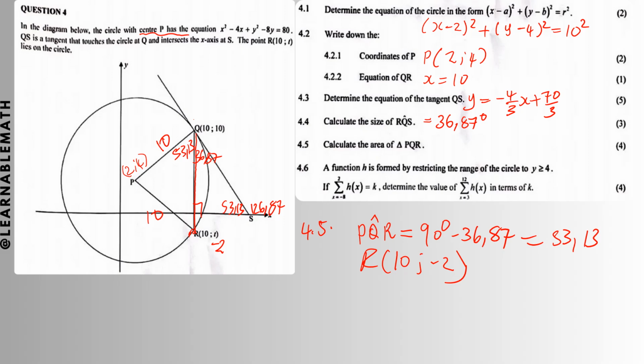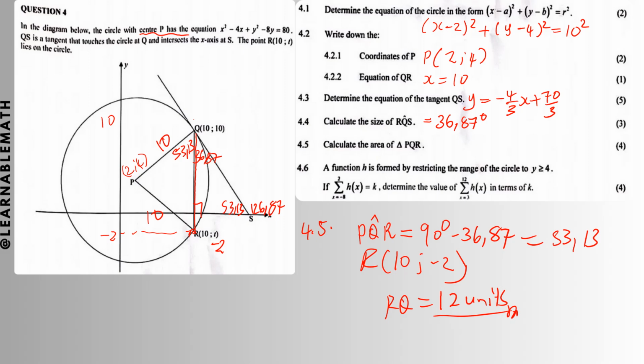You understand? From minus 2 up until we reach 10. What's that distance? That will be my RQ. Okay, so this one is 2 units plus 10, so the whole distance will be 12. So RQ, we can deduce that it is what? It's 12 units. Okay, or you can use the distance formula if you want, but that will take time really.